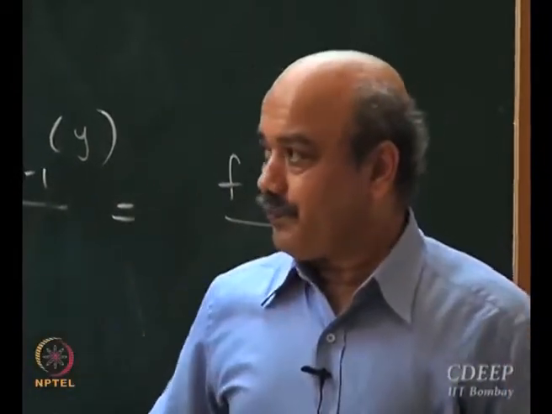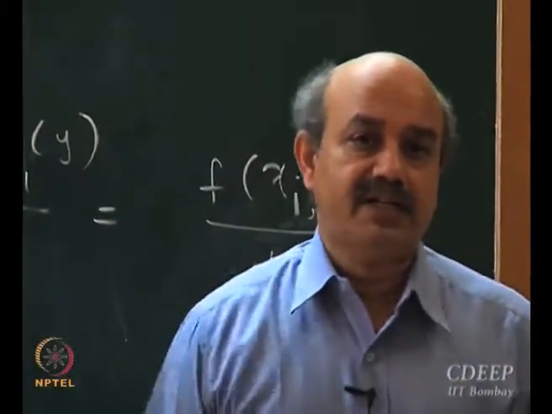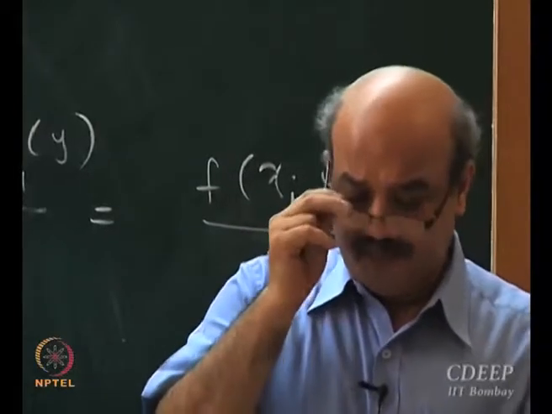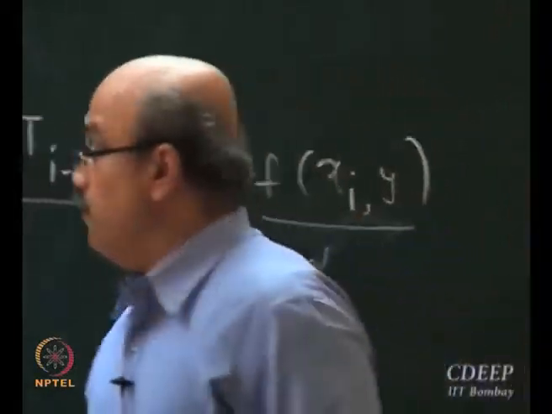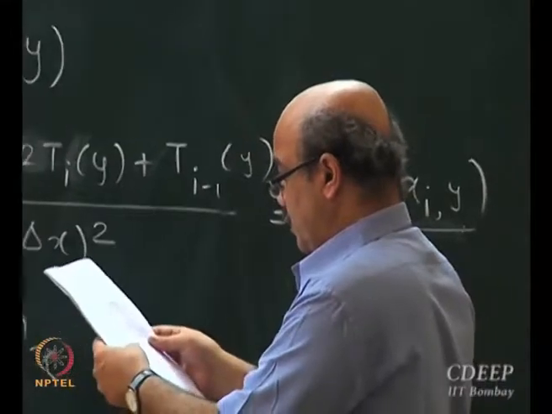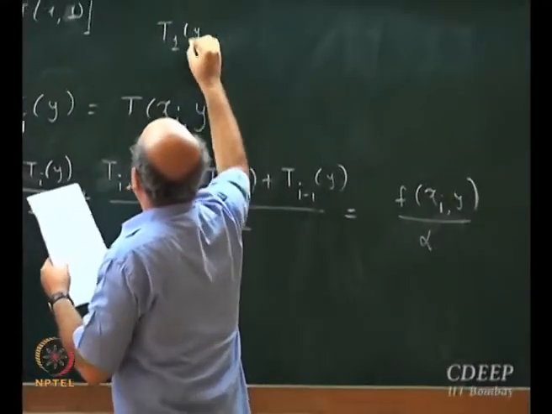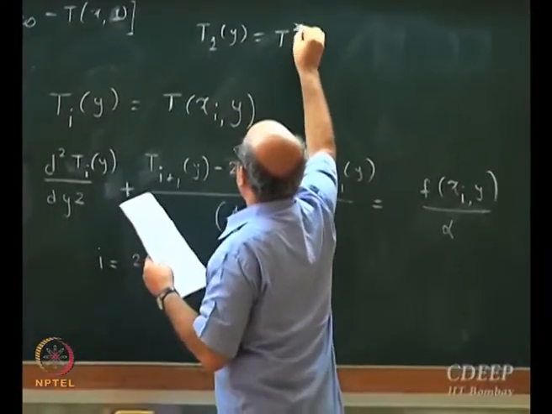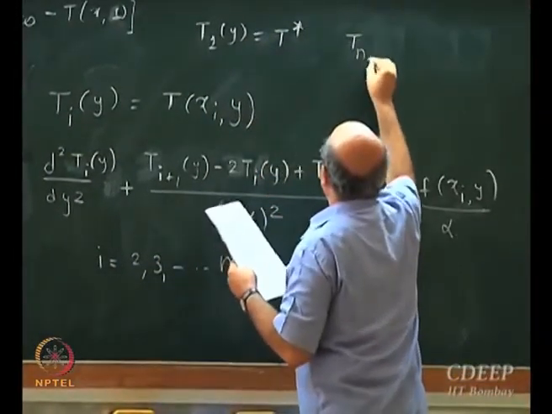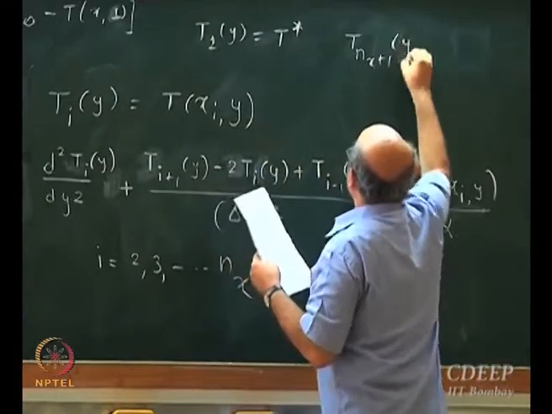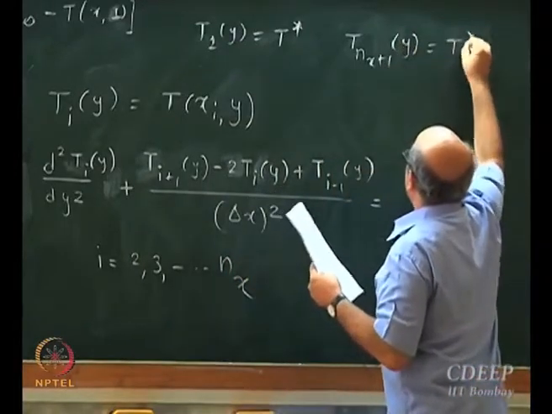And now we can use the boundary conditions to complete the problem. So we have these two boundary conditions, T_1(y) is equal to T star and T_(nx+1)(y) is equal to T star.